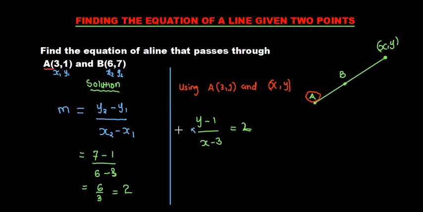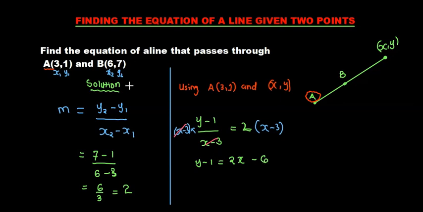Now we multiply by x minus 3 on both sides, such that we can cancel this one and this one, and we shall remain with y minus 1 equals, we open the brackets, 2x minus 6.